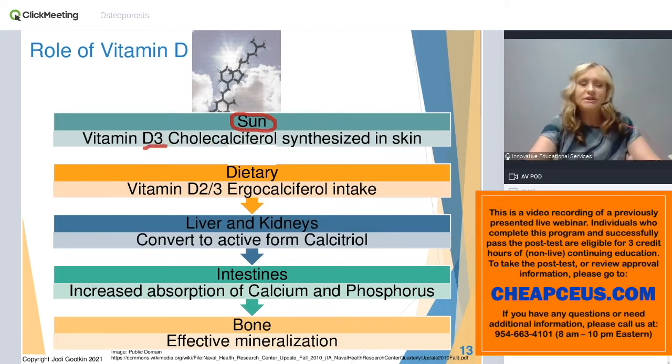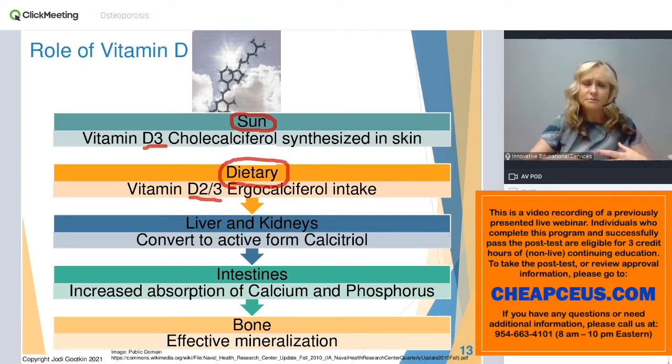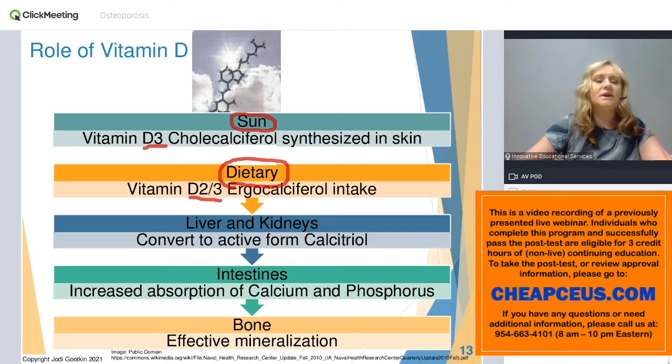The general recommendation, it depends a little bit on the resource you read, but there's pretty good consistency that somewhere between 15 and 30 minutes of sunlight every day, with significant regions of the body exposed, allows for sufficient vitamin D absorption through the skin. And then we also have our dietary intake, and that can be D2 and D3. More commonly, D2 is our dietary intake. It's closely related to different plant origin, and it's absorbed in our intestinal tract.